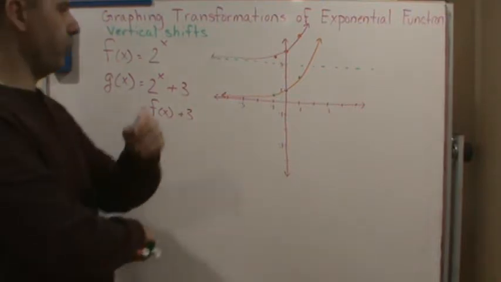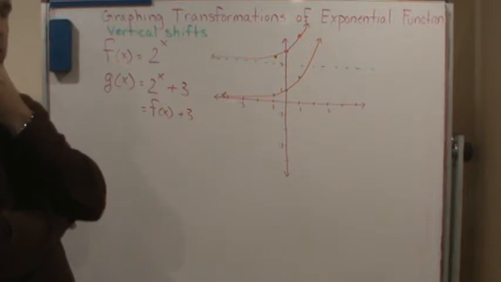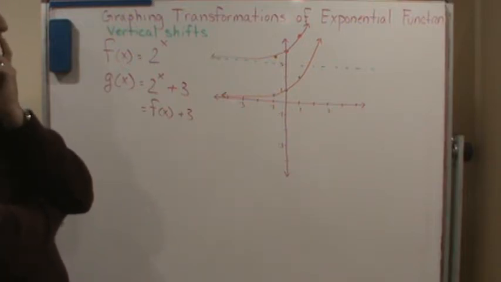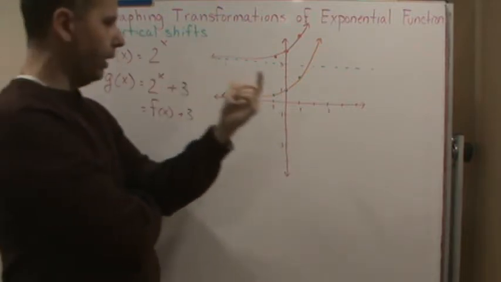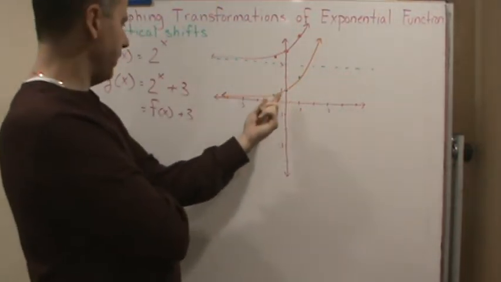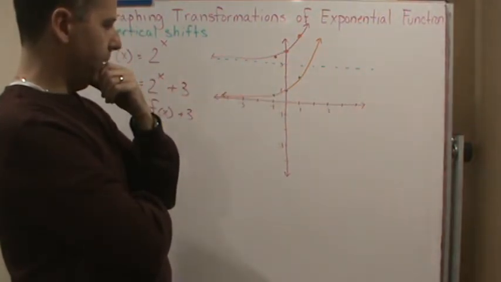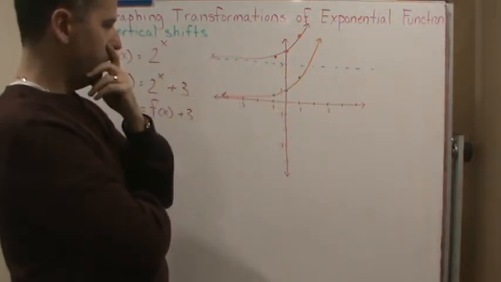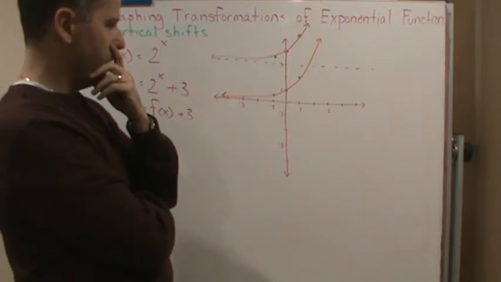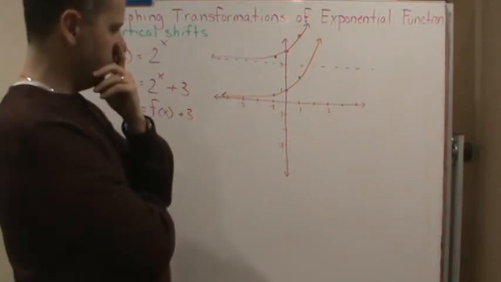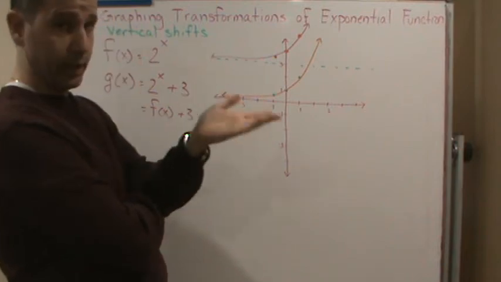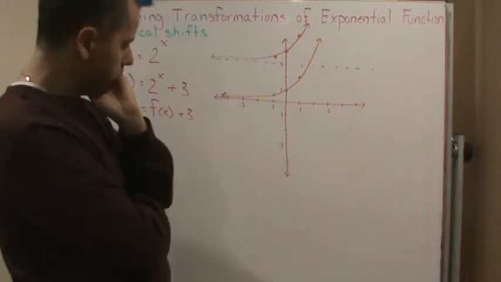Now, what happened to the domain, the range, and the characteristics? We know that f of x has a domain of all real numbers, a range from 0 to positive infinity, and a horizontal asymptote at y equals 0.